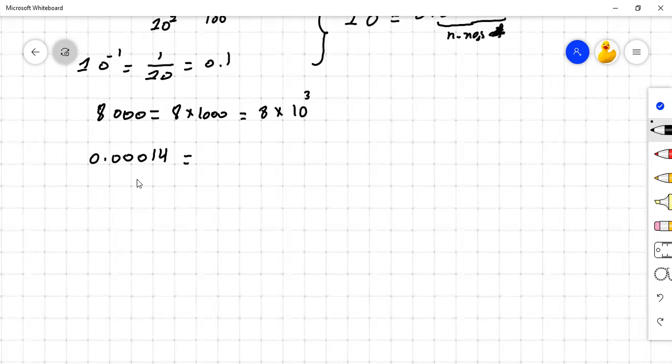It's equal to 14 times 10 exponent, we have 1, 2, 3, 4, 5 numbers after the decimal point, so it's minus 5. So whenever we have decimal points, a negative exponent, and if we don't have decimal points, a positive exponent of 10.